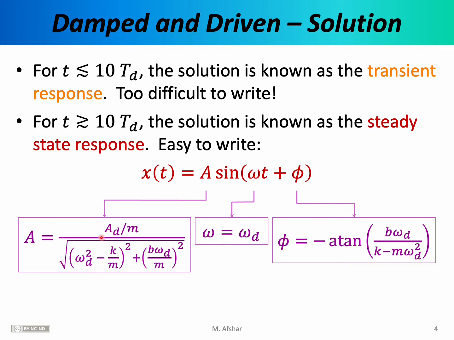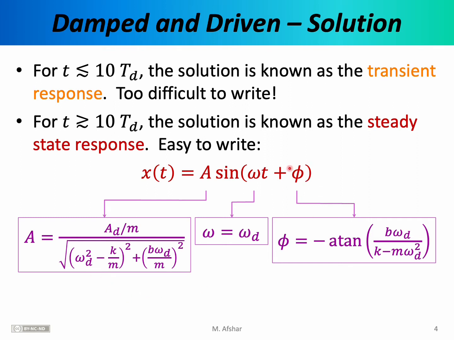Remember, the amplitude of the driving force is essentially telling you how hard you're pushing the pendulum or how strong the driving force is. But the amplitude of the oscillations also depends on the mass of the system and the angular frequency of the driving force and the spring constant and the damping coefficient. So although writing the equation down is relatively simple, this particular constant in front is quite complicated to figure out.